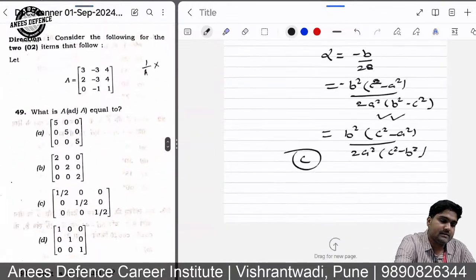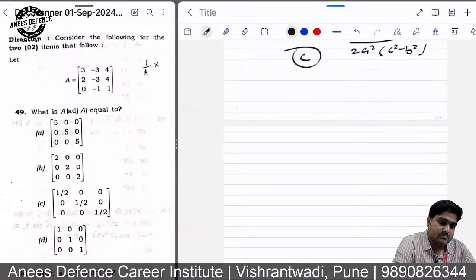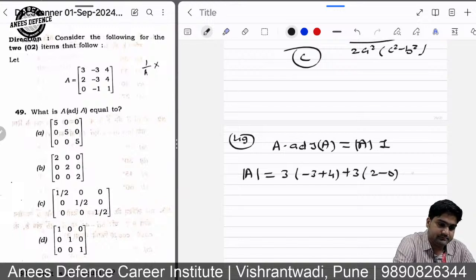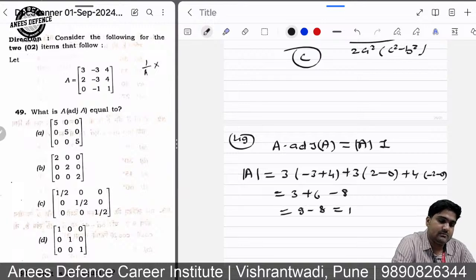Okay, 49. This is a property based question. So here we need to calculate the value of A into adjoint A, which is equal to determinant of A times I. Let's find the determinant of A. So first 3 minus 3 plus 4, then 3 plus 6 minus 8, so 9 minus 8 equals 1.